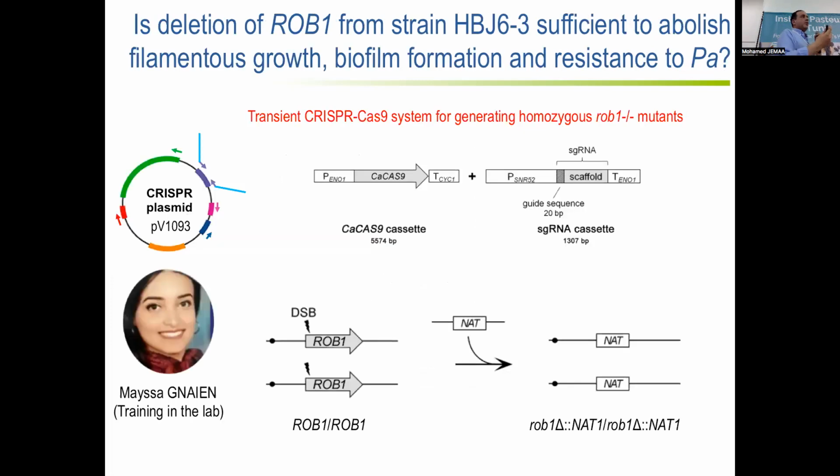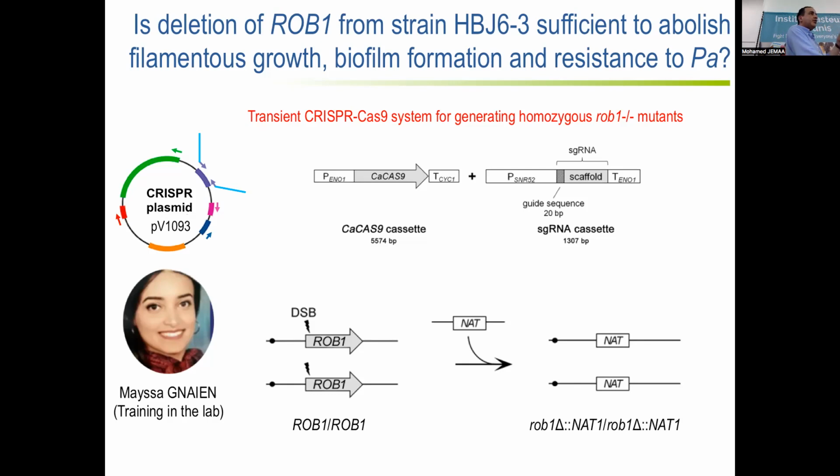So now, what is the additional question that we ask? What if we knock out ROB1 from the strain that is hyperfilamentous, a hyperbiofilm former, and resists Pseudomonas? We hypothesize that deletion of ROB1 would sensitize 6.3 to the repressive effect of Pseudomonas, and 6.3 would not form biofilms anymore.